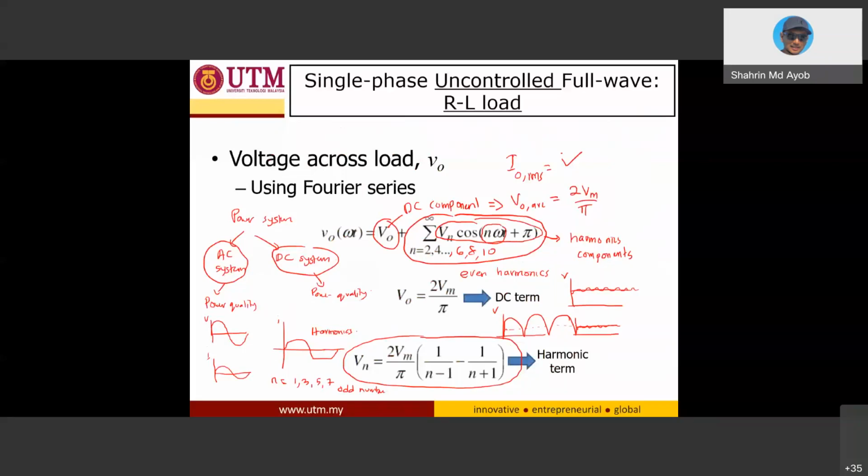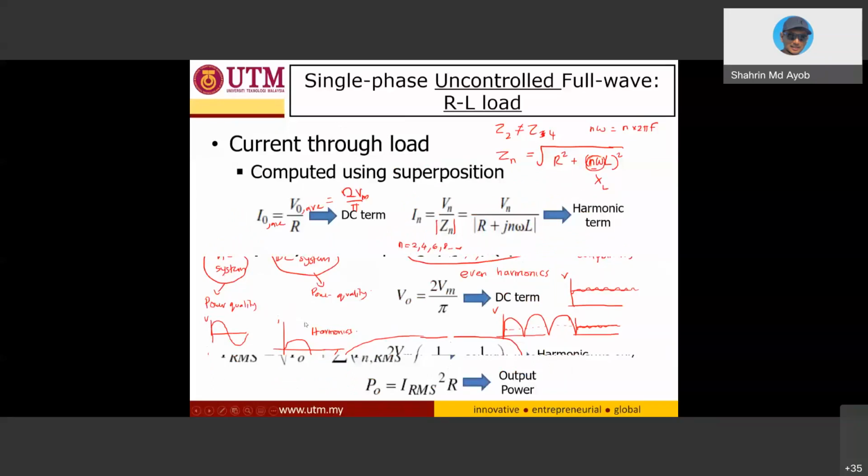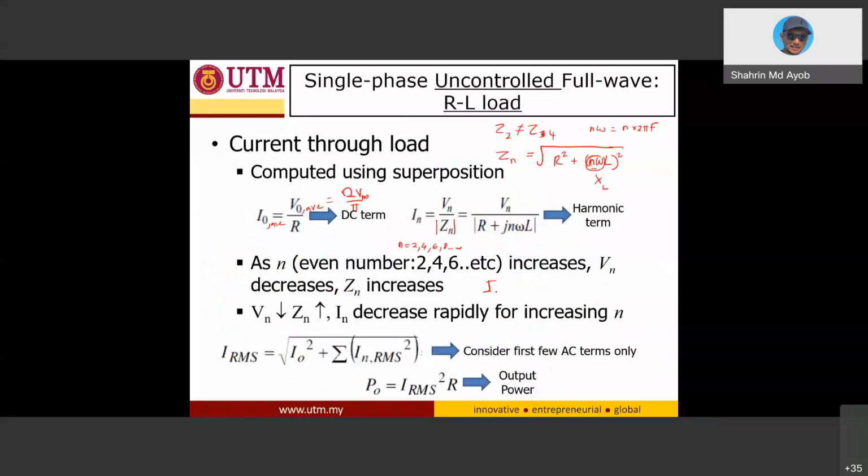So the value of the current I2 is larger than I4, and I4 is usually larger than I6 and I8.